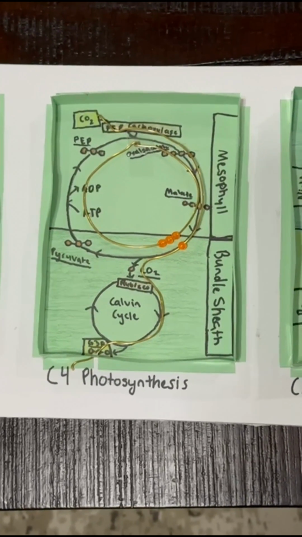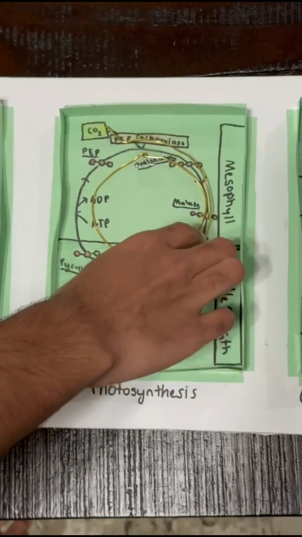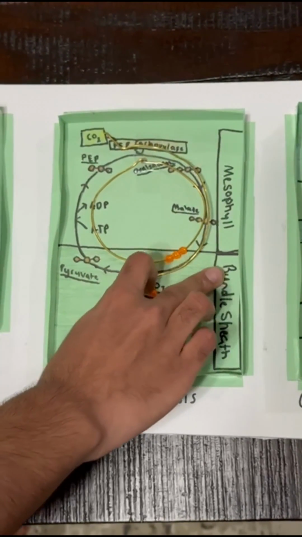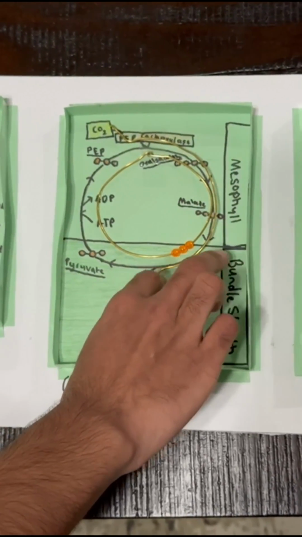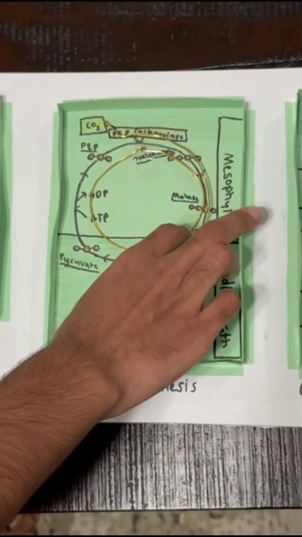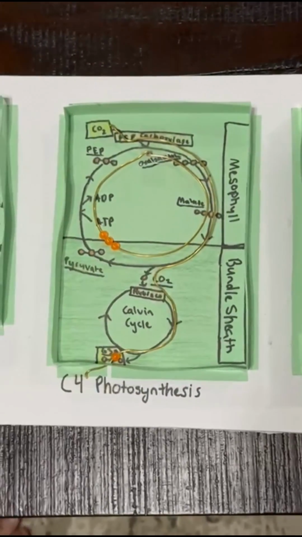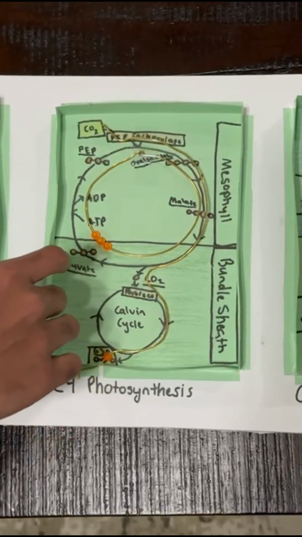Then after that, the CO2 is transferred to the Calvin cycle, where it's fixed by Rubisco and it undergoes the Calvin cycle to produce the G3P. And then the malate is turned into pyruvate, which goes back to the mesophyll cytoplasm.